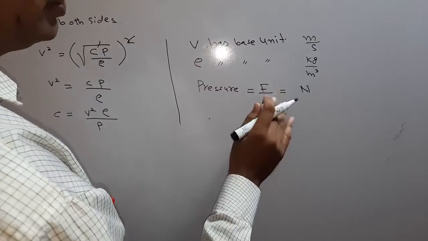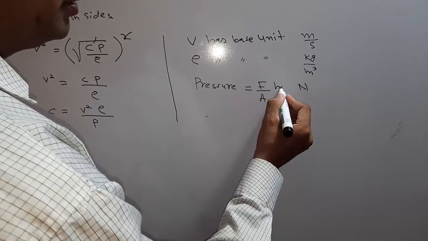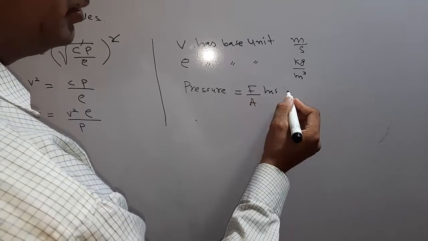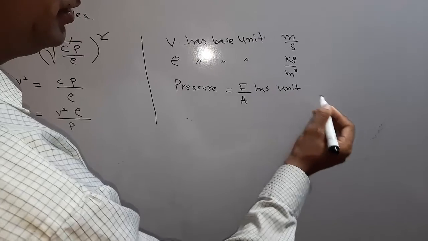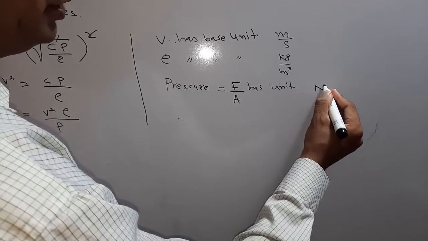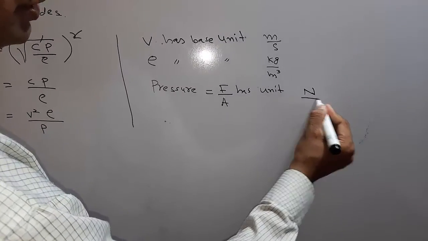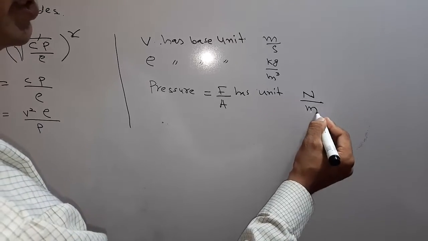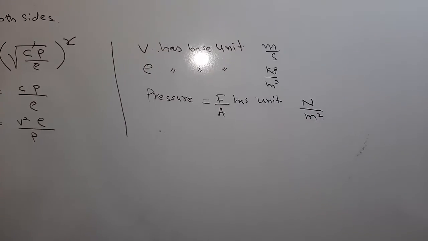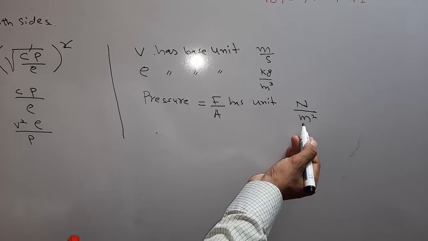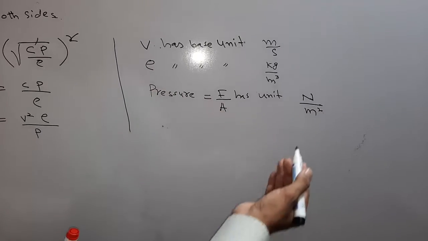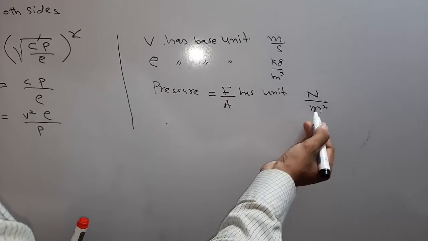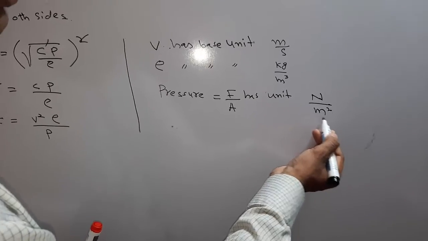Now force is measured in Newton and area is measured in meter square, so its unit will be Newton per meter square. But unfortunately Newton is not an SI base unit, so we need to convert this Newton into SI base units.